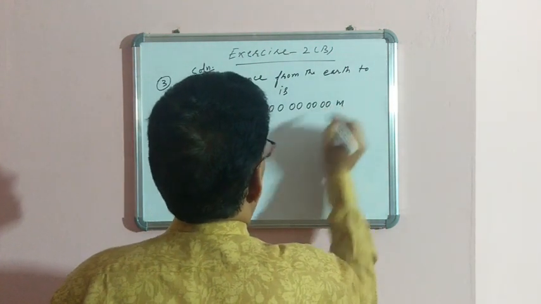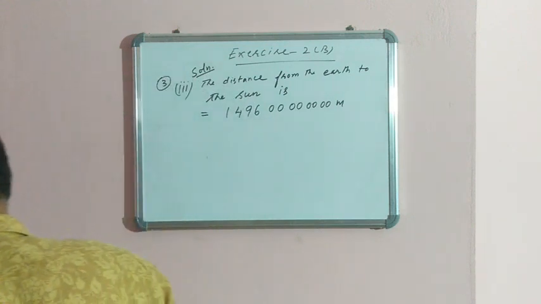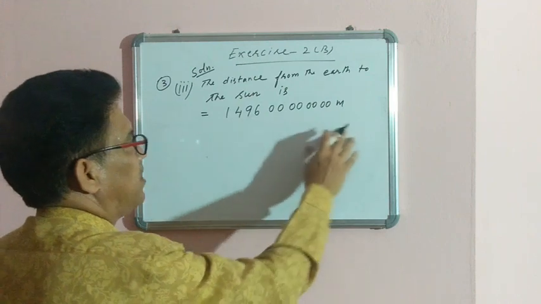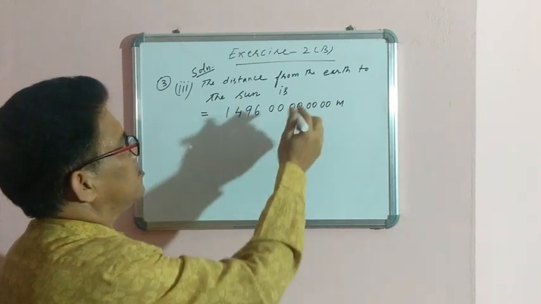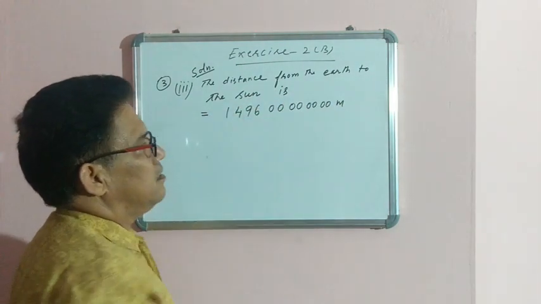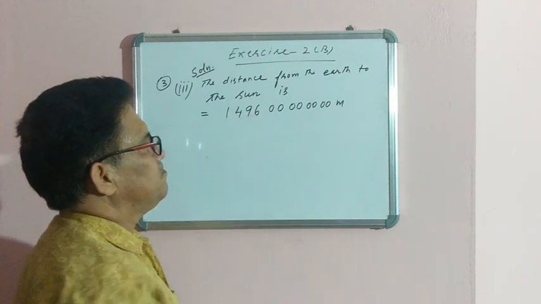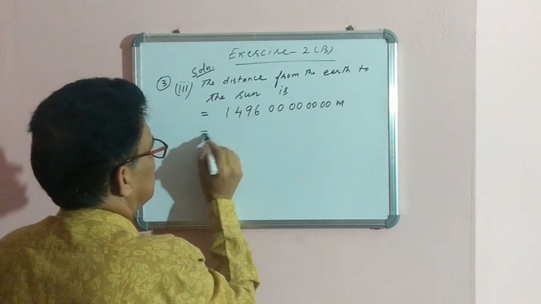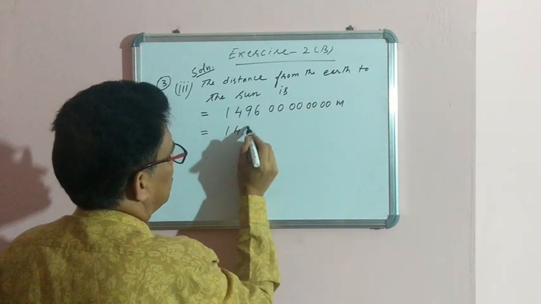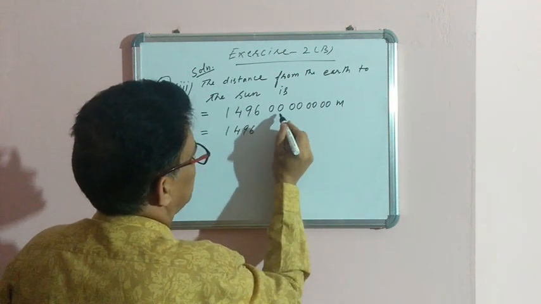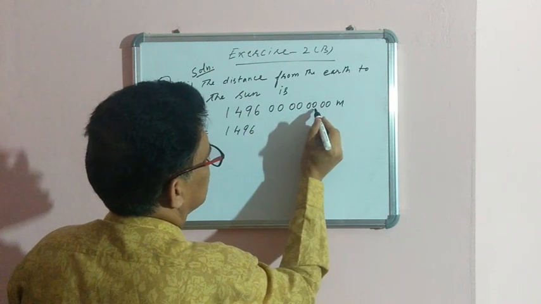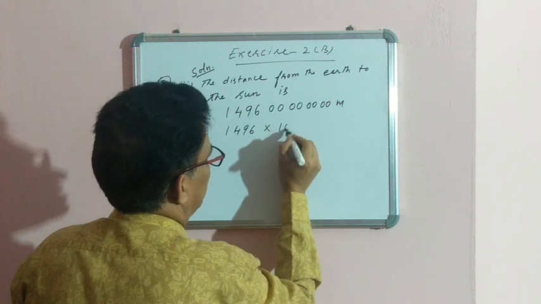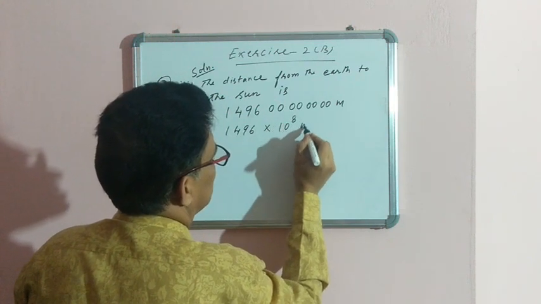We have to write this in standard form. So this is equal to 1496 with 8 zeros, so we can write it as 1496 into 10 power 8 meter.